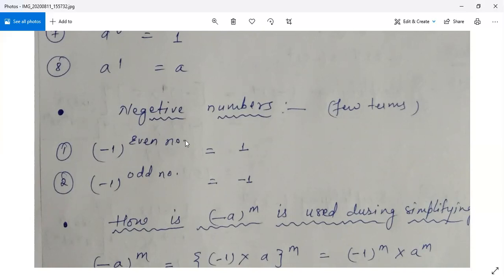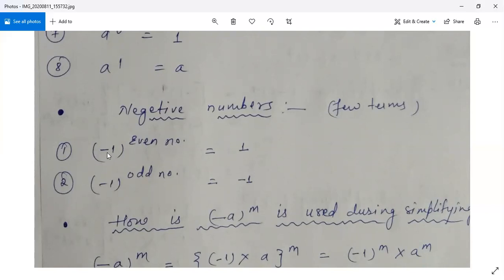The first point given here: if the power of the number -1 is an even number, then you will always have the number 1.